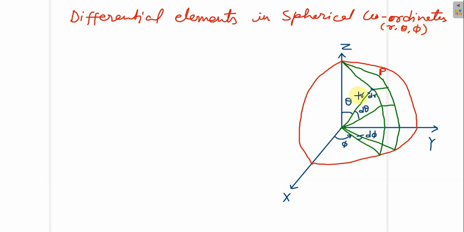Now let us think upon this surface. Let me make it more clear. Let's say I am considering this one.